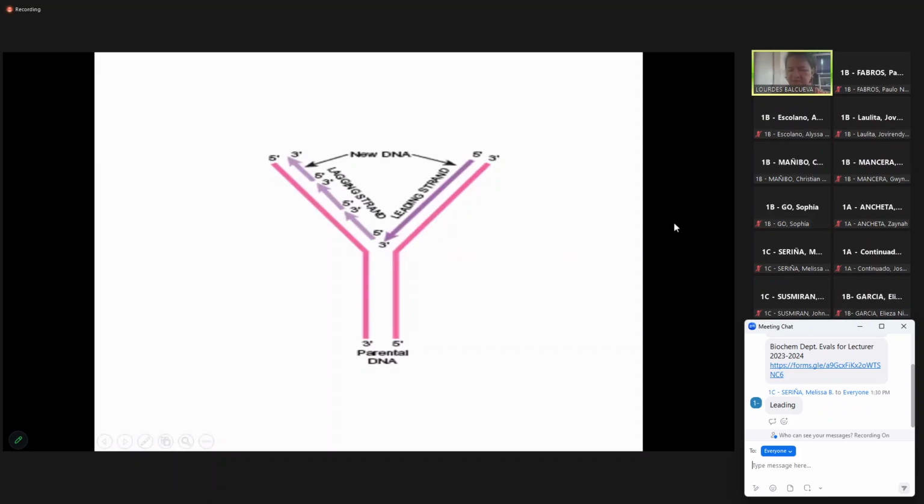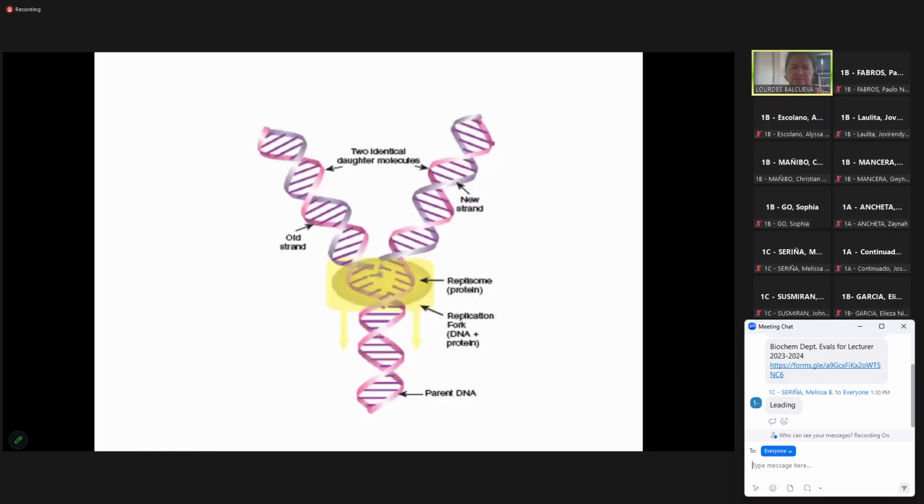Okay? Now the enzyme should always be at the site of the replicating fork.